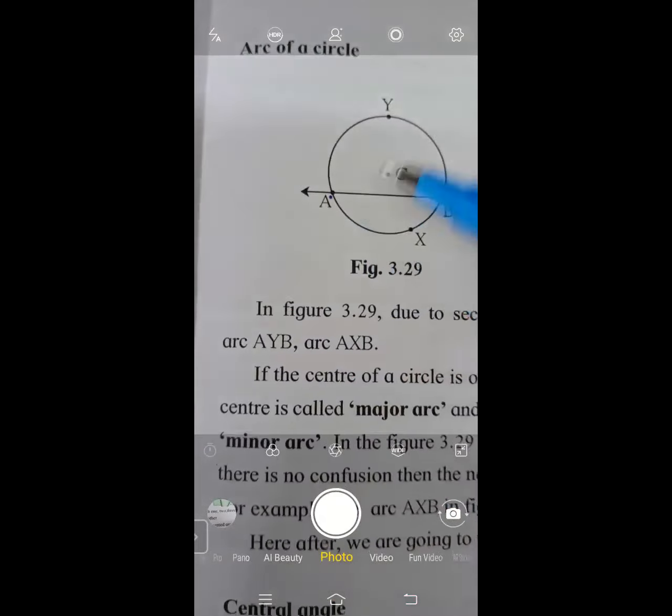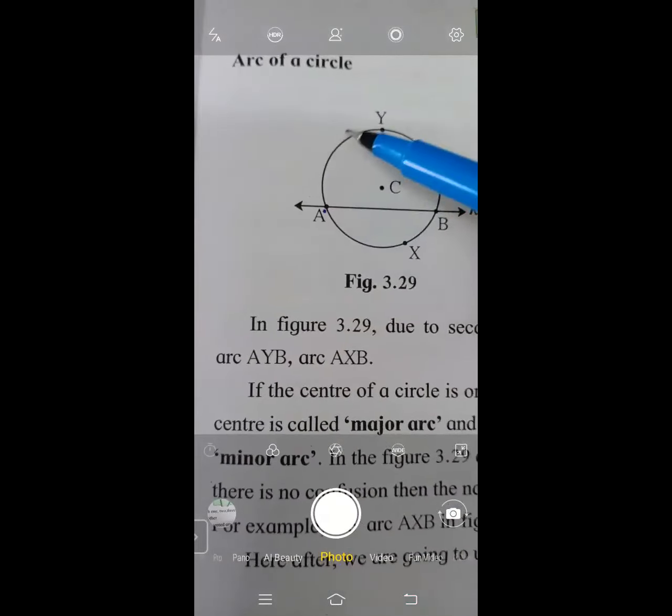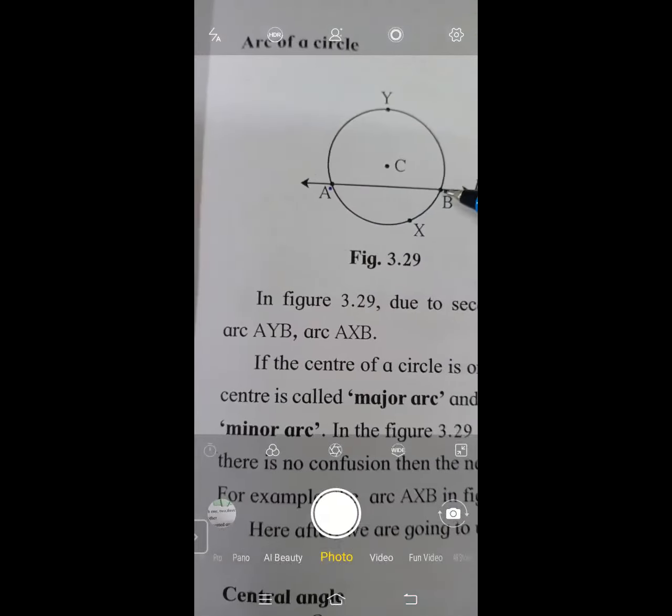So this is one arc AYB and another arc is AXB. Due to secant K, the points of intersection of the circle and secant are called endpoints of the arcs. A and B are the endpoints of the arc.